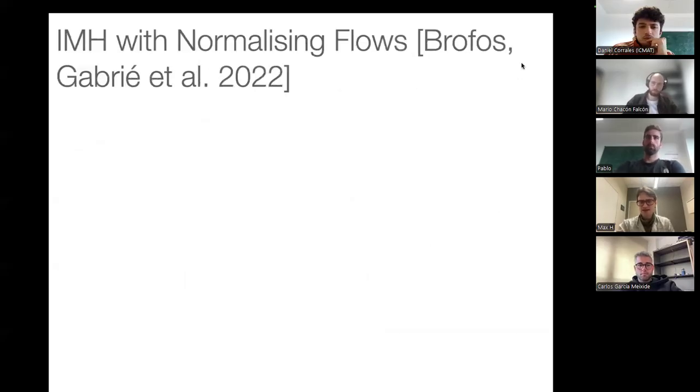Okay, good. The next example of putting variational inference within MCMC is independent Metropolis-Hastings with normalizing flows. Don't worry if you don't know what independent Metropolis-Hastings is. This is from Brofos, Gabrié, and co-authors from 2022.